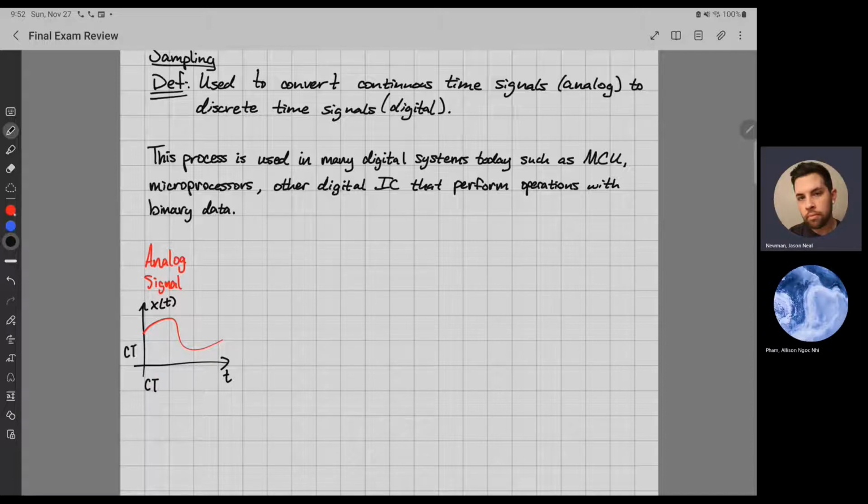So how do we convert this analog signal that we got from, say, sound or temperature or light or heat, how do we convert that to binary data? Well, the first step in the process is going to a sampler.